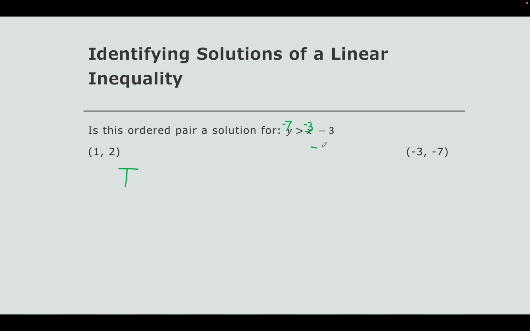If you said minus 6, good job. -7 is greater than -6. Is that a true statement? No, -7 is smaller than -6. So this one is a false statement. This one is not a solution.